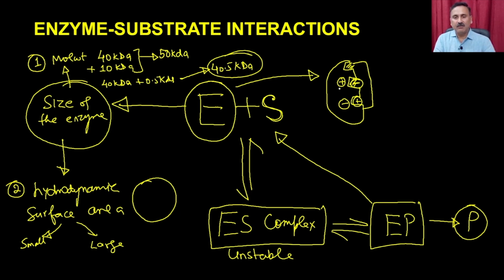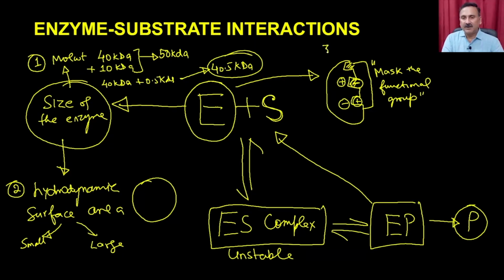So it is going to mask the functional charge groups or functional groups on the enzyme. So it is going to change the mass of the functional group. This means it is going to change the surface chemistry.